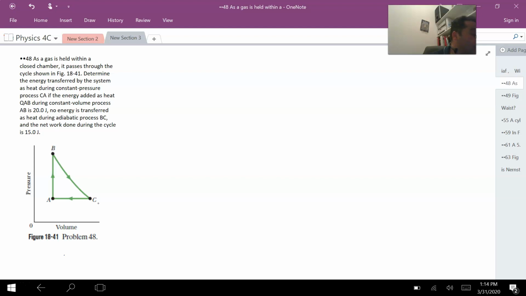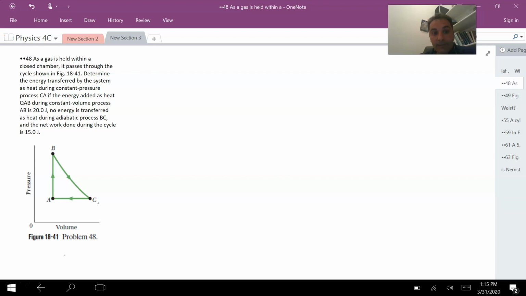No energy is transferred as heat during process BC, and the net work done during the cycle is 15 joules.